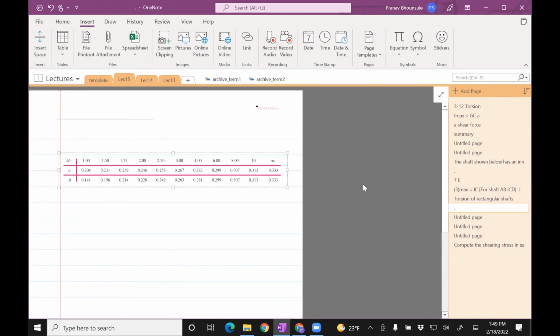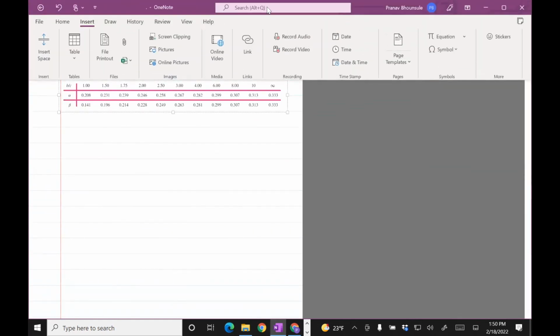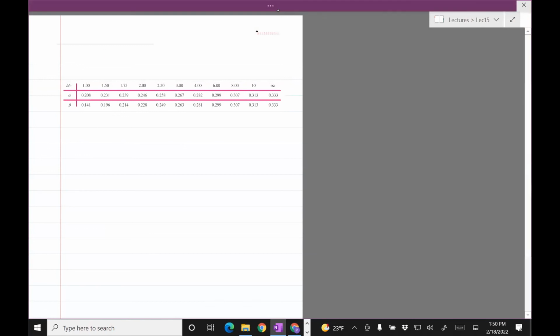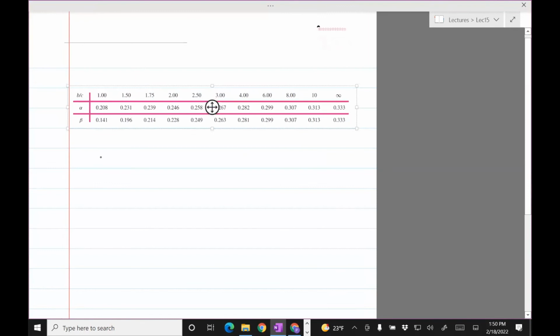So I just have to write the formulas, and say what B and alpha are. The formulas are tau max equals T divided by alpha times B C squared, and theta equals T times L divided by beta B C cubed times G. And what are B and C?